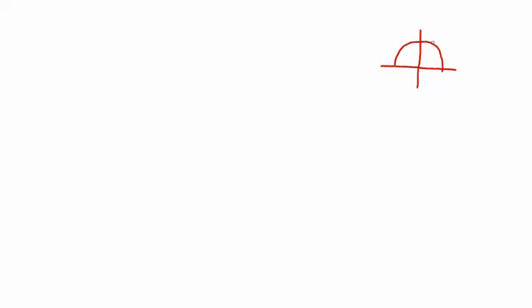I'm just picking a point somewhere up here. And we're asked to find the equation of the tangent. So I'm going to say that this is going to be the tangent line, my wonderful drawing here.